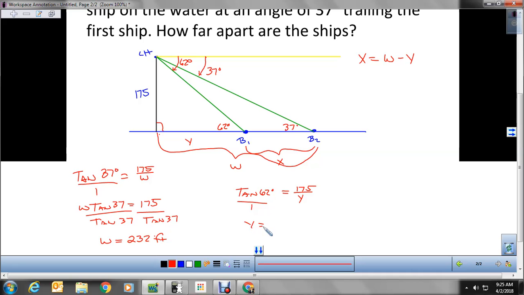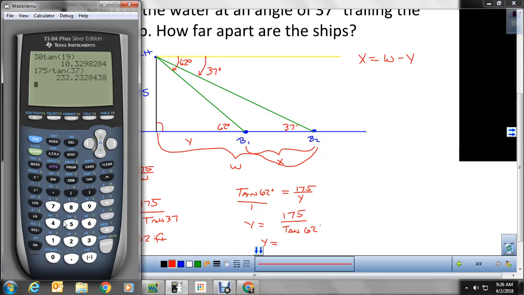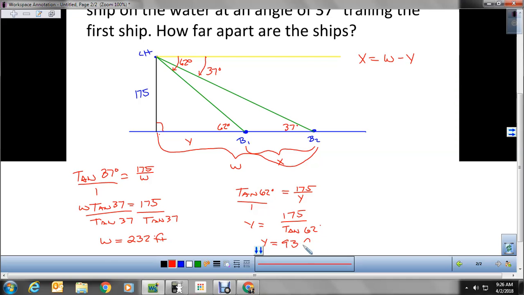Well, y is going to equal 175 divided by the tangent of 62. So we can just apply what we did there to what we're doing here. And now we'll take our calculator and get 175 divided by the tangent of 62. That gives us 93.0, which is going to be approximately 93 feet.